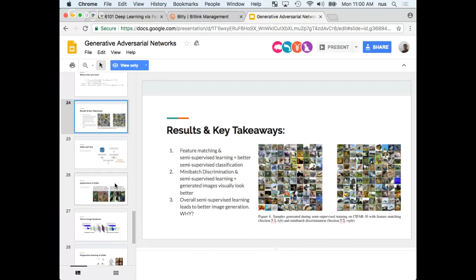And then exposing it to more images, it becomes a joint problem, not just distinguishing fake from real, but also trying to distinguish what type of thing it is, right? So when you have a joint problem, you have two problems collected together. Sometimes that's more powerful because you get more information.